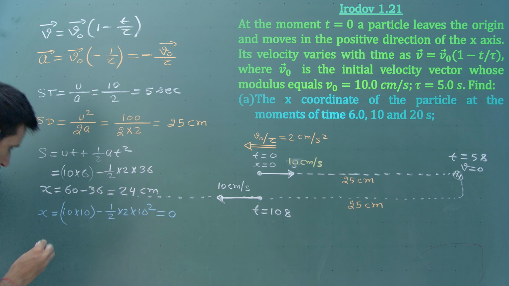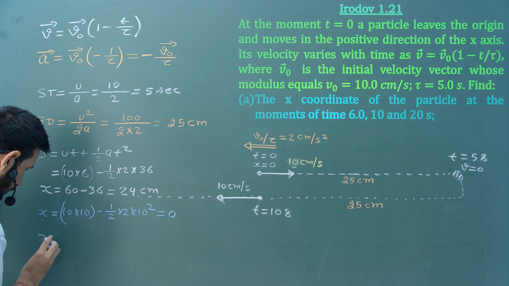So x equal to 10 into 20 minus half a into t square. 20 square is 400. So it is 200 minus 400. So it is minus 200, and this number is in centimeter.